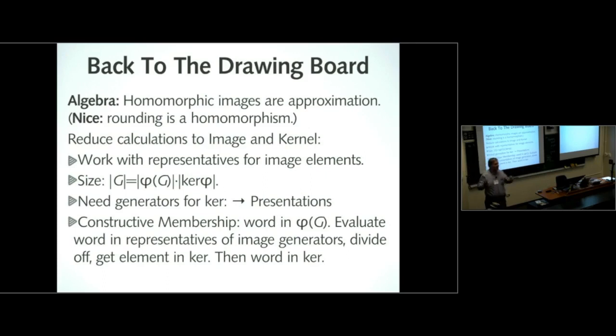Homomorphism says errors stay fixed. They don't accumulate. In such a case, we would like to reduce a calculation in a group to a calculation in the image of the homomorphism and the kernel of the homomorphism.